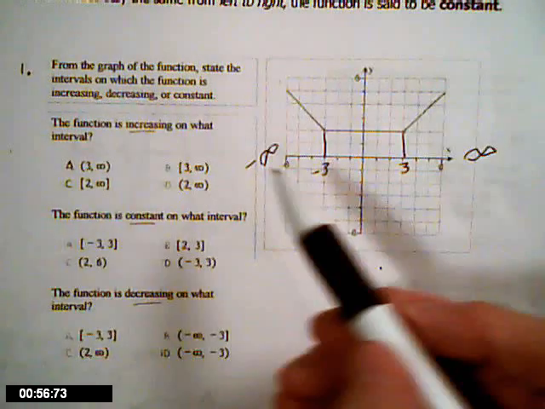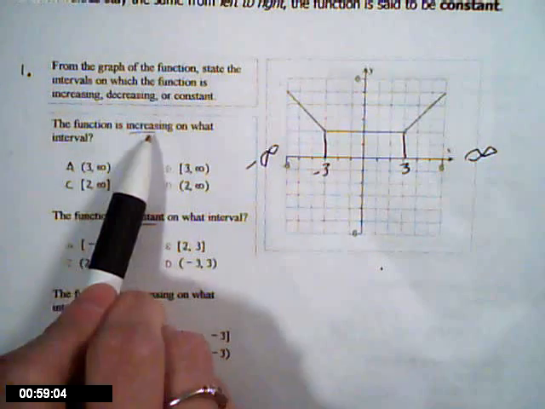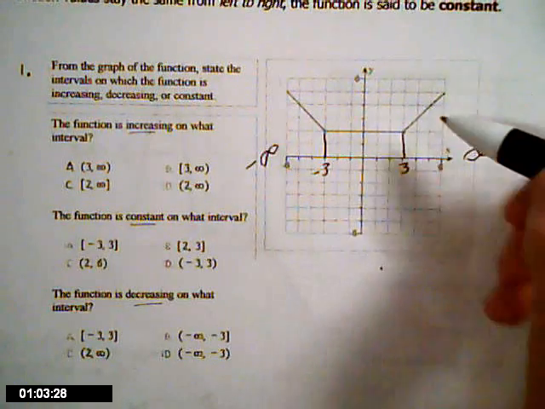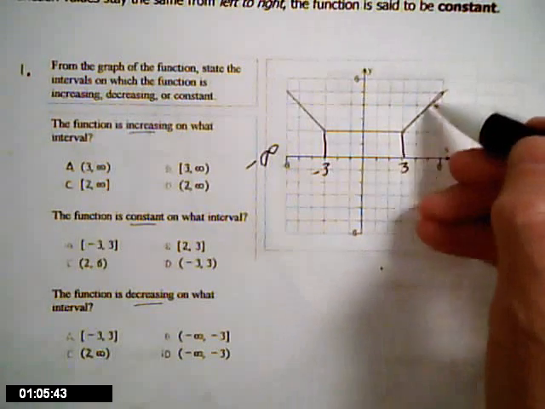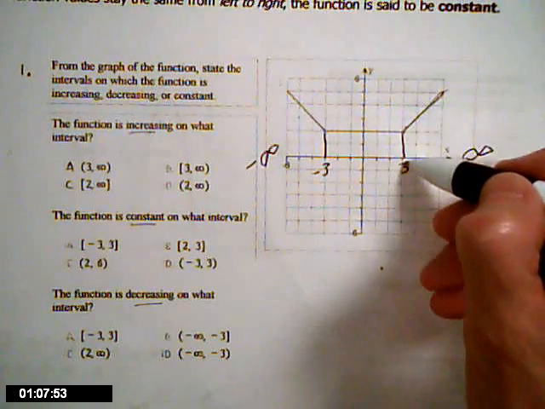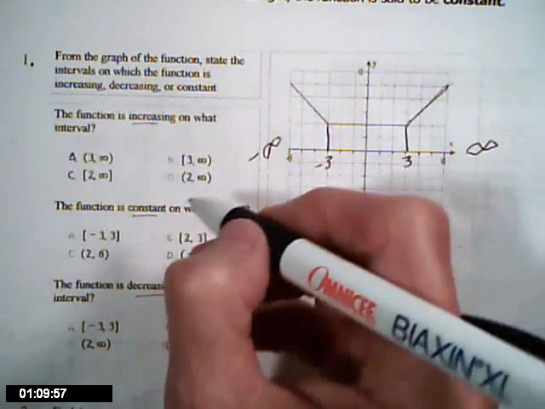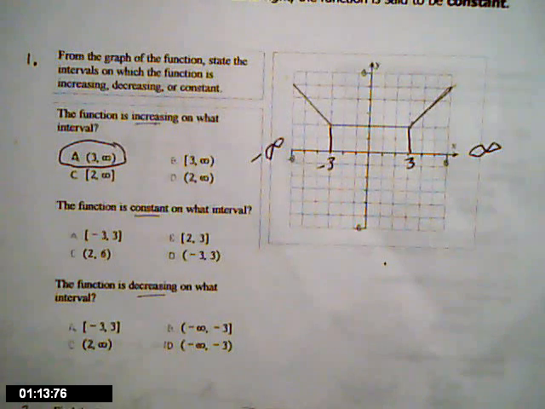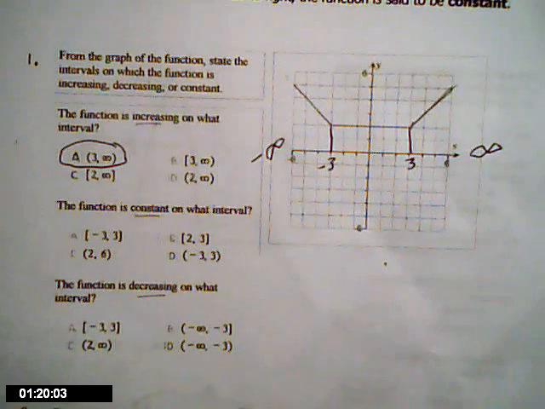Now, my first, it says which interval are we increasing? Well, this is decrease, this is constant. Here is increase, and that's going to be from 3 to positive infinity. Now, be careful that you mark it with parentheses. Increase, decrease, constant intervals are always marked with parentheses.